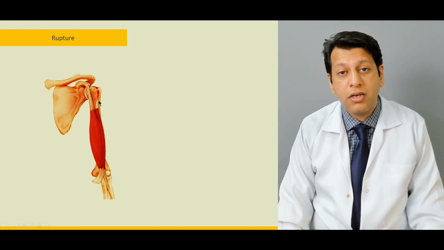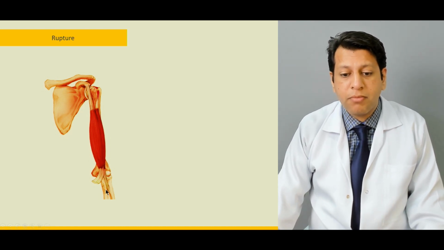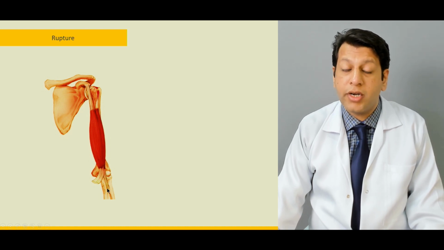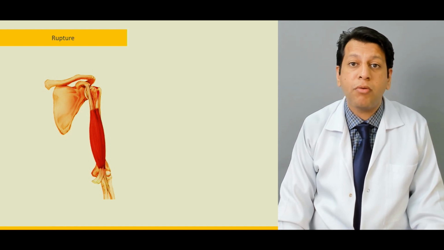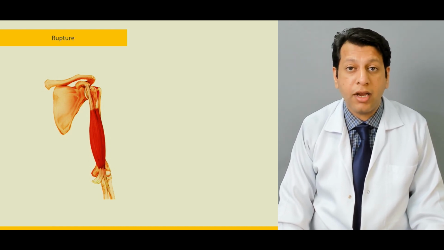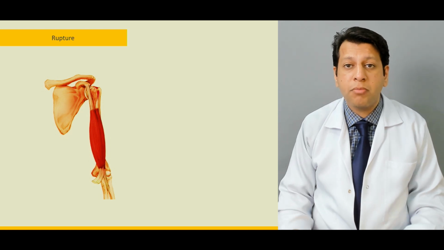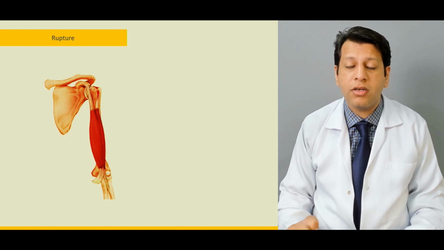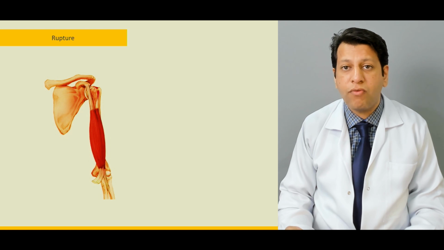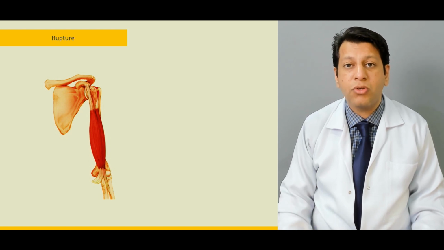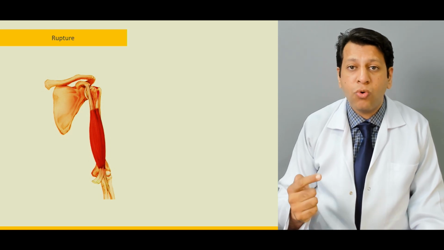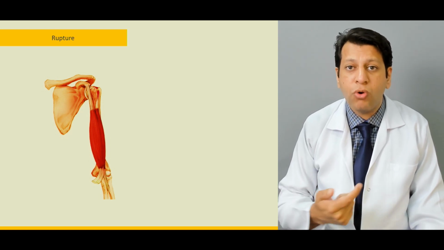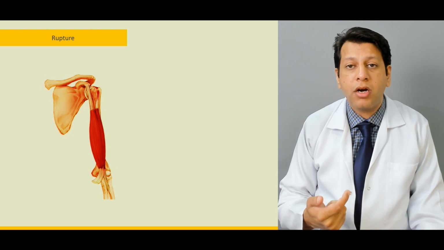If there is a distal rupture, for example, if the tendon is ruptured from the bicipital tuberosity of the radius, then the hook test is negative. If we ask the patient to supinate the forearm against resistance, because at that time the bicep is contracting, you can actually hook your index finger below the distal part of the bicep.